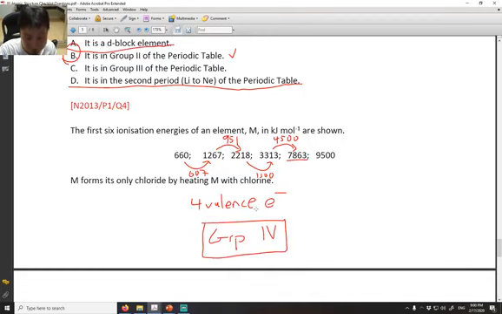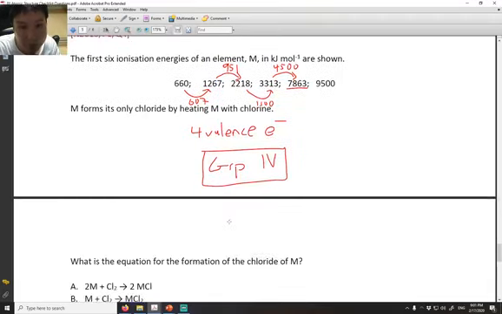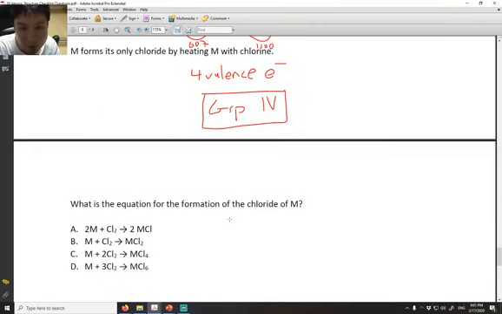Of course, you need to be well versed in your chemical bonding, because after you decide that the element is in group 4, how do you know what chloride it will form when you heat M with chlorine? Group 4 is actually a non-metal, and it has 4 valence electrons, which means it's 4 electrons short of a stable octet configuration.